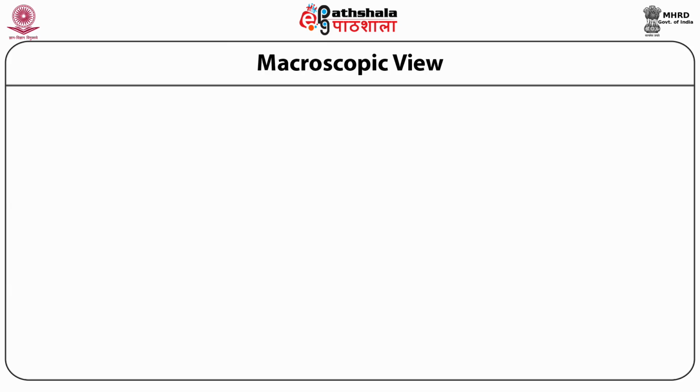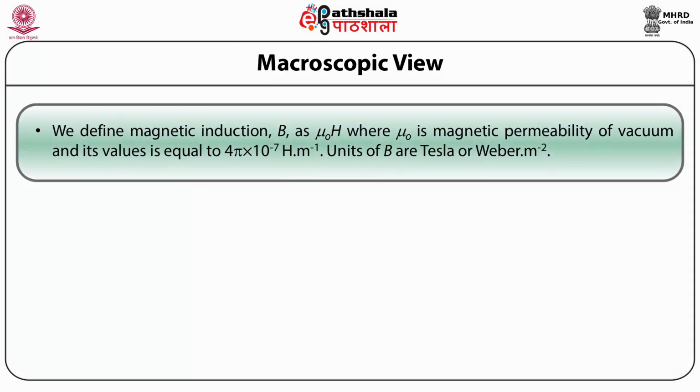Macroscopic view of magnetization. We define magnetic induction, that is B, as mu naught H, where mu naught is the magnetic permeability of vacuum and it is equal to 4 pi multiplied by 10 to the power minus 7 Henry per meter, and the unit of B is Tesla or Weber per meter square.